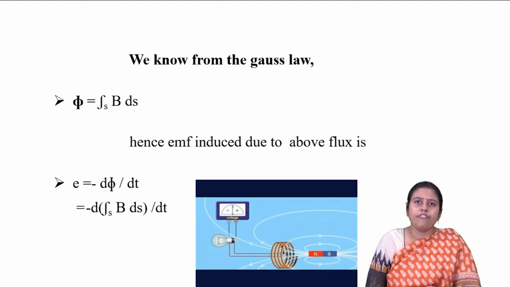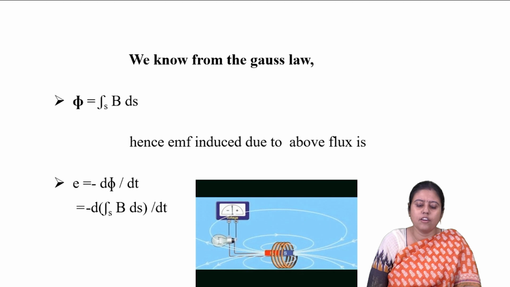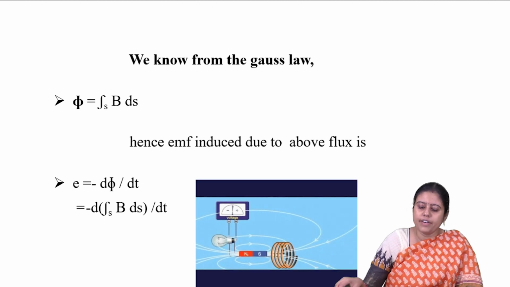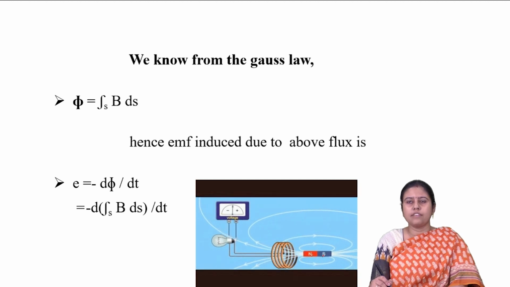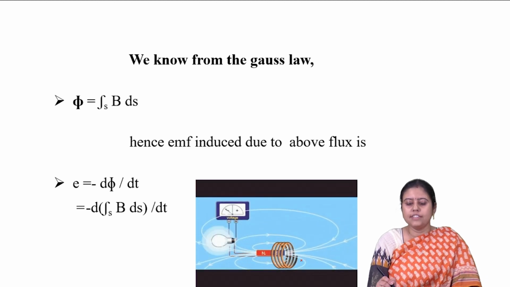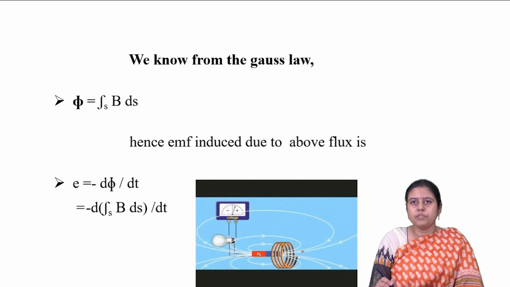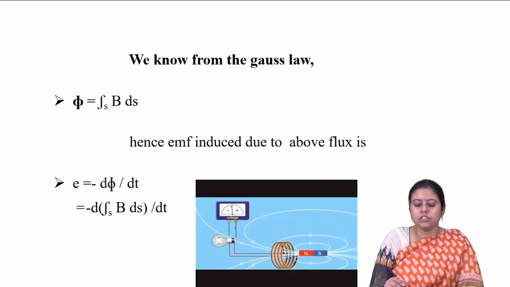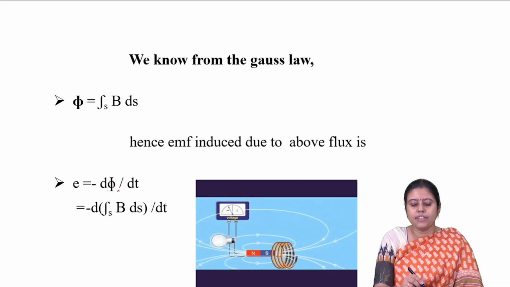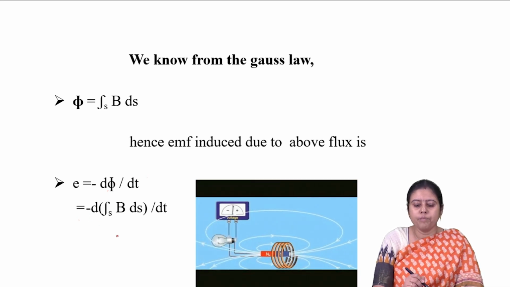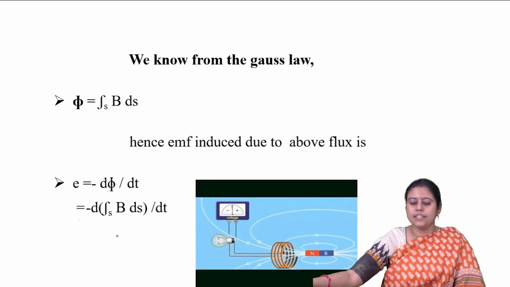Then we know from Gauss law that psi is equal to the integration of B ds, and from Faraday's law we know that E is equal to minus d phi by dt. If there is a rate of change of flux, with the north pole and south pole continuously changing, some induced EMF will come. So E is equal to minus d phi by dt is equal to minus d B ds by dt.